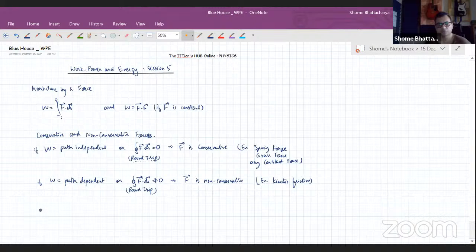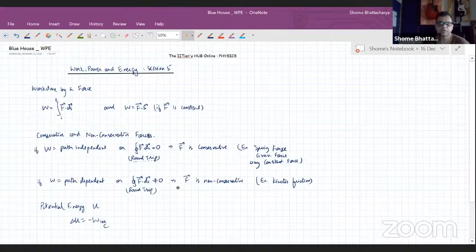Now, next thing we saw was the concept of potential energy, and relation of potential energy with the internal conservative force. So we saw that potential energy for a system is defined in such a way that change in potential energy is negative of work done by internal conservative force.